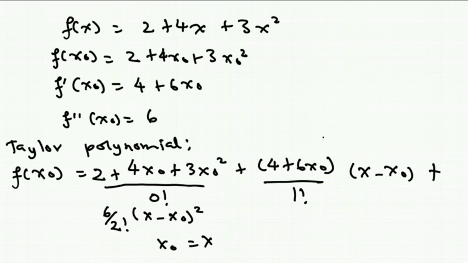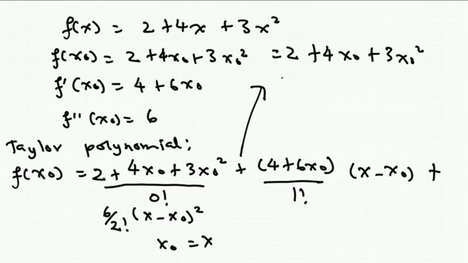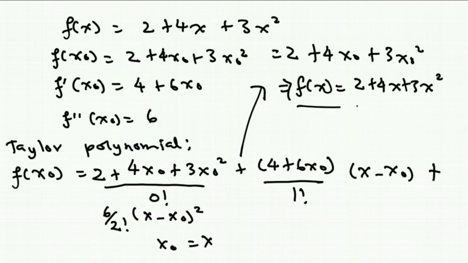Now, because x naught is actually the specific value of x, we can rewrite this polynomial function like this, because we just want to check whether we have done the correct things or not. So it becomes 2 plus 4x naught plus 3x naught squared. Like I said earlier, since x naught is equivalent to x, we can have x equivalent to 2 plus 4x plus 3x squared.